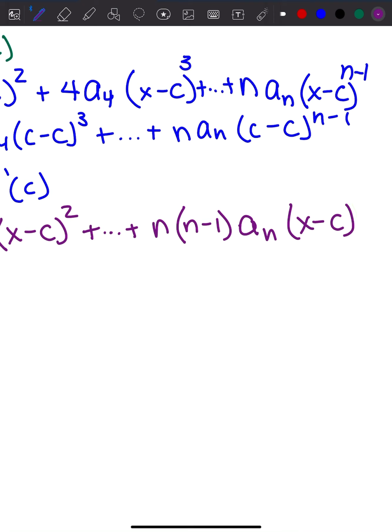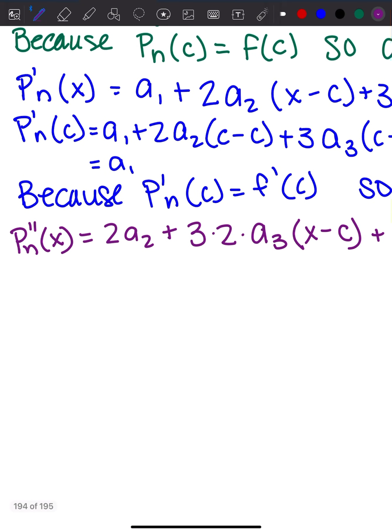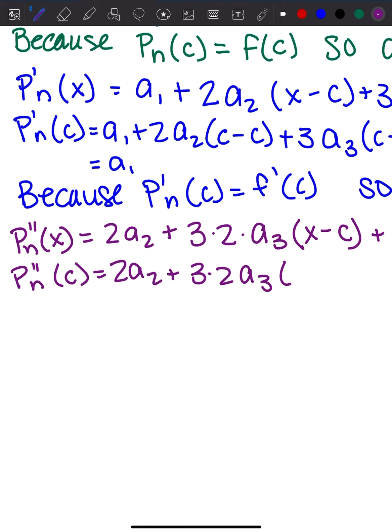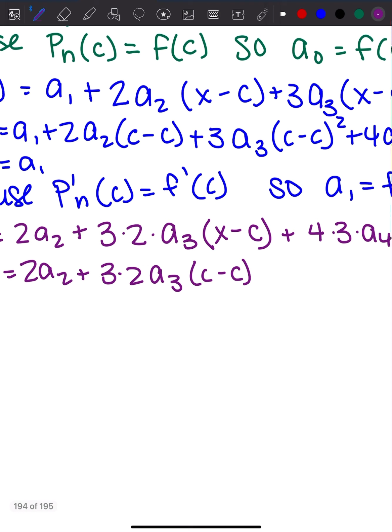We take 1 more away, so instead of minus 1, we're going to do n minus 2. And just like every other time, we're going to plug in c. So we want our center value to be plugged in so we can get rid of some things. So we have 2 a sub 2 plus. Everything is the same except c instead of x. So we have c minus c, so this term is going to go away.